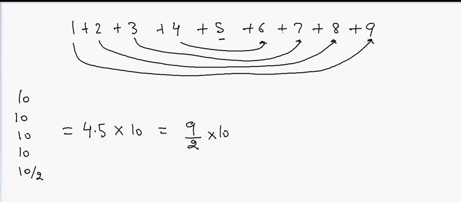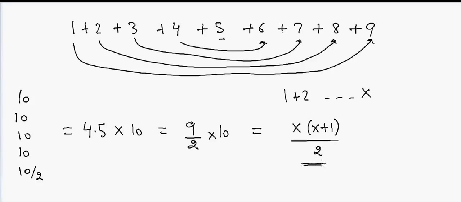So what's the 9 here? 9 here is the last digit, so we can write it. So suppose if I have to add 1 plus 2 until x, we can write this as x into x plus 1 divided by 2. So we can use this formula for any kind of sequence.